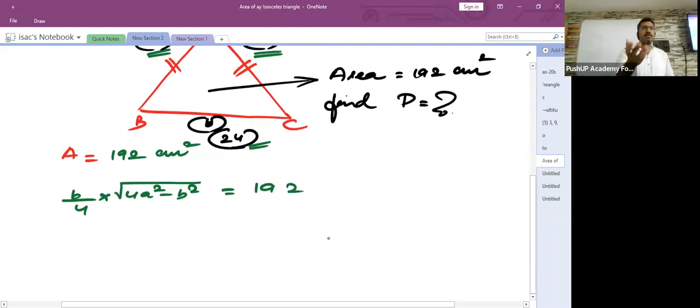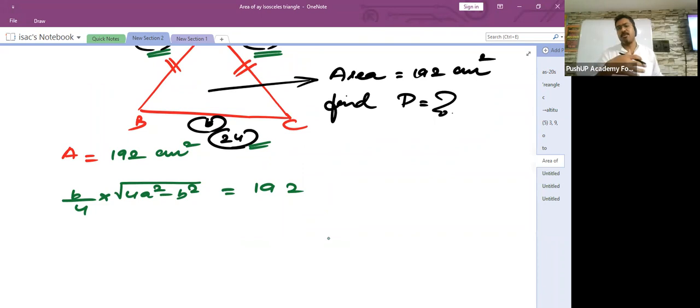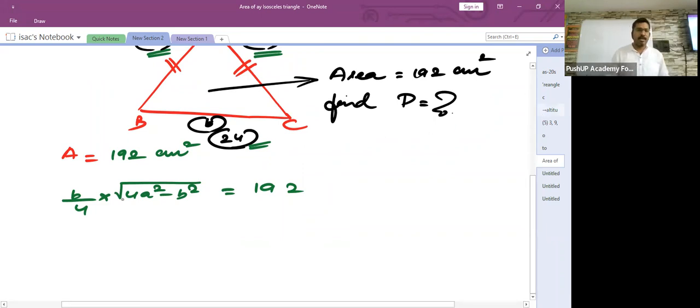I hope you all understood why I equated it with 192? Because it was already given to me in the question. The area of this isosceles triangle is 192. Now, the base of this triangle is how much? 24. So can't I replace this b with 24?